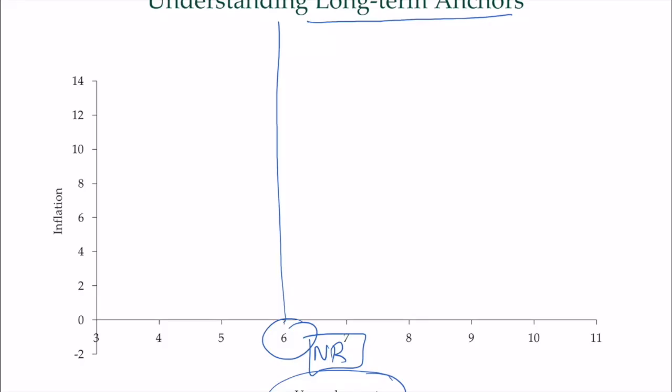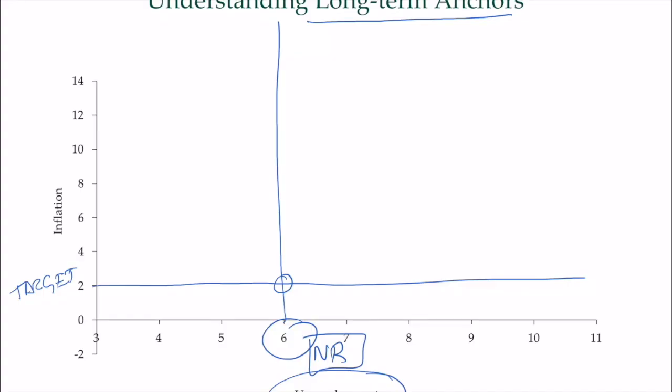Because there is a central bank that typically has a target for inflation, and if they're doing a good job, we expect inflation to be around that level. For the sake of simplicity, let's think about the inflation target of this particular central bank to be around 2%. What this gives us is a point that says, under normal conditions, we would expect our economy to be somewhere around 2% inflation and 6% unemployment rate.